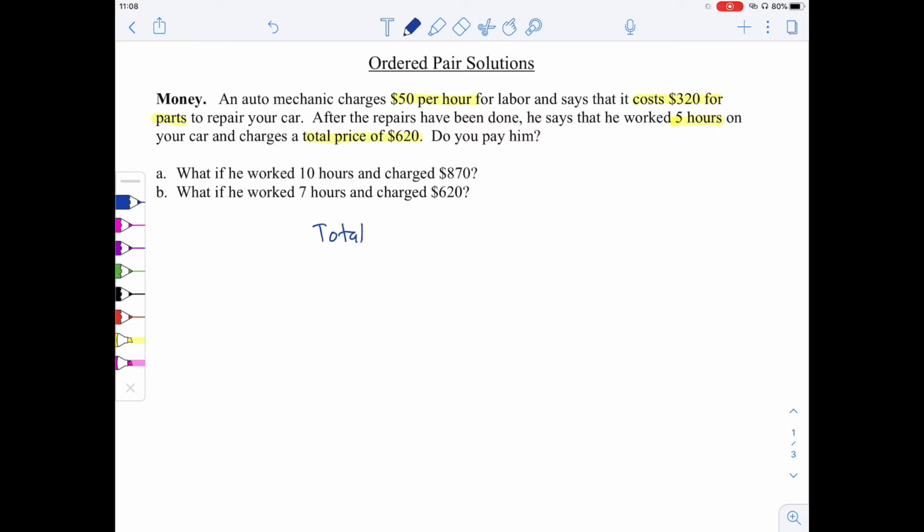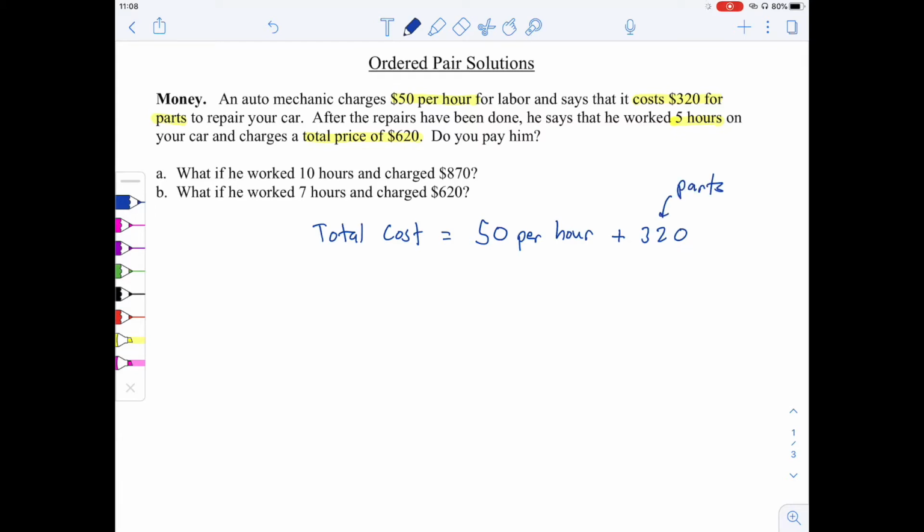First we want to write a function. So total cost is going to be equal to $50 per hour, plus our parts, which is $320. That's our parts, so that's how we get started.